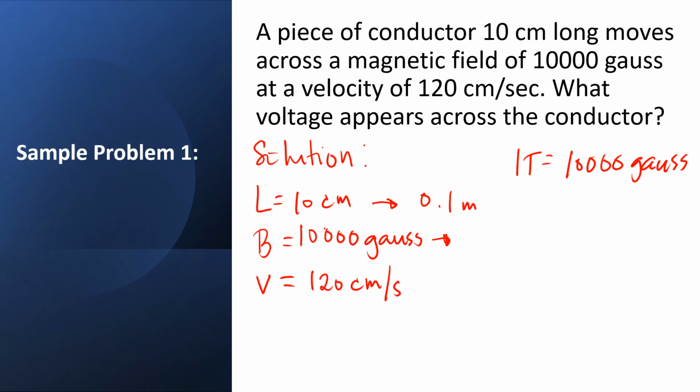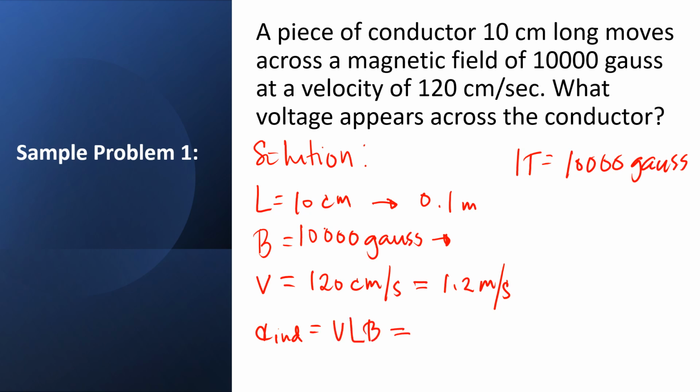And the velocity should be in meter per second, so 120 centimeter per second is equivalent to 1.2 meter per second. And we will just multiply the three given of the problem. Our E induced is equivalent to VLB.